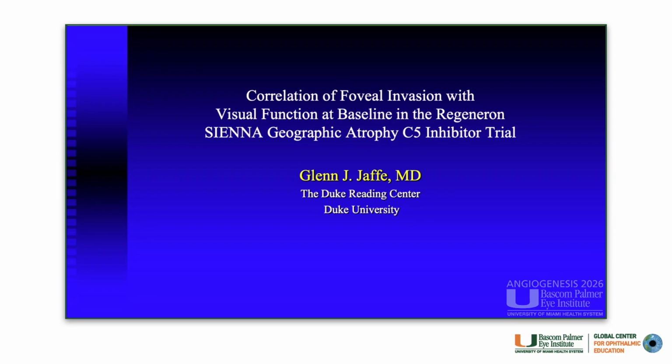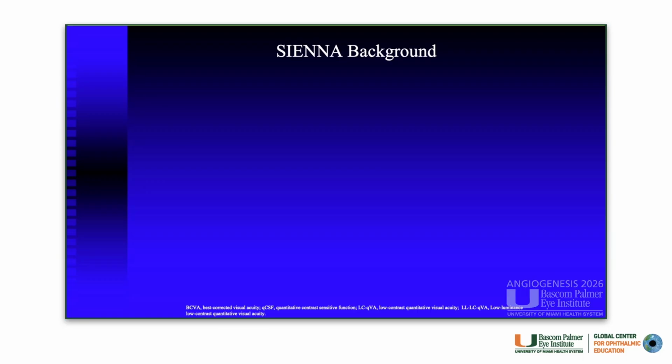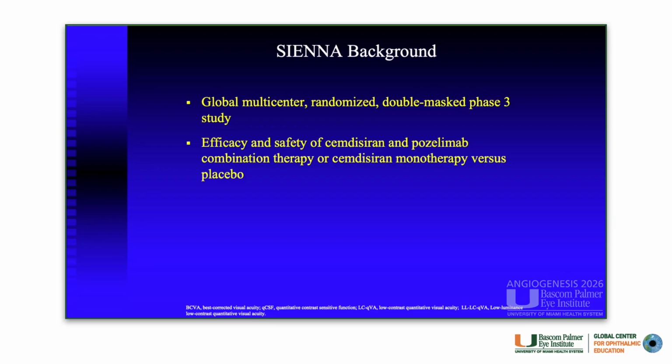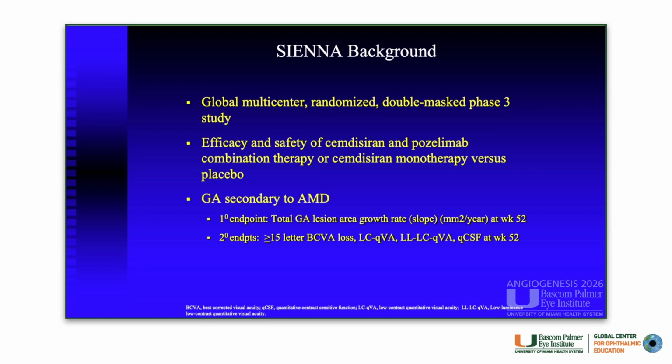For those of you who are not as familiar with Sienna, it's a global multi-center randomized double-masked phase 3 study to test efficacy and safety of cemdisiran and pozelimab combination therapy or cemdisiran monotherapy compared to placebo.